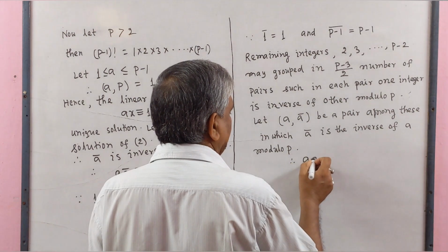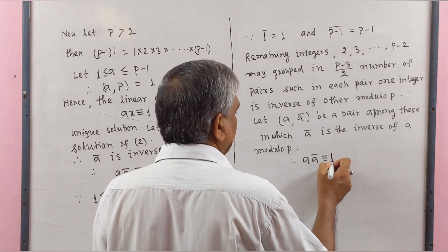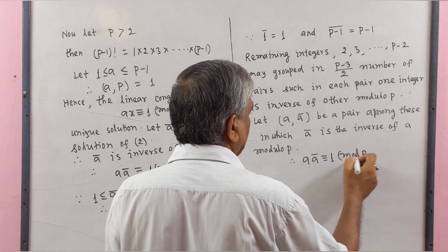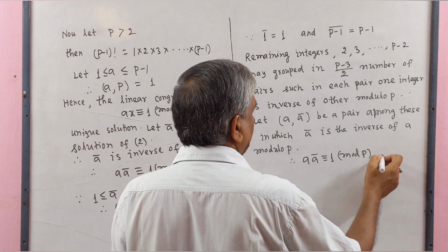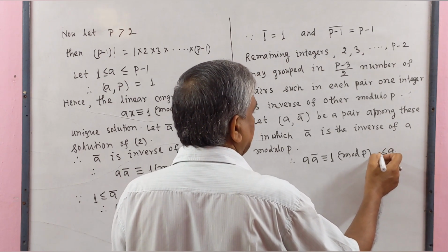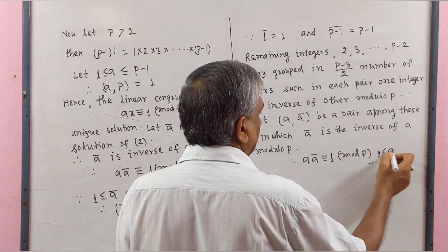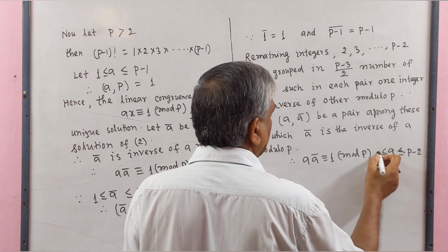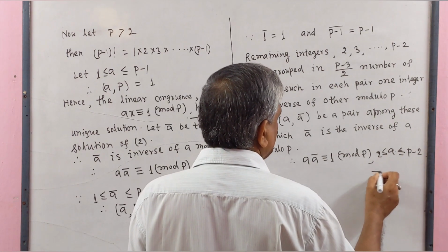Therefore, a times a bar is congruent to 1 modulo p. Here a is greater than or equal to 2, less than or equal to p minus 2. Let this be number 4.